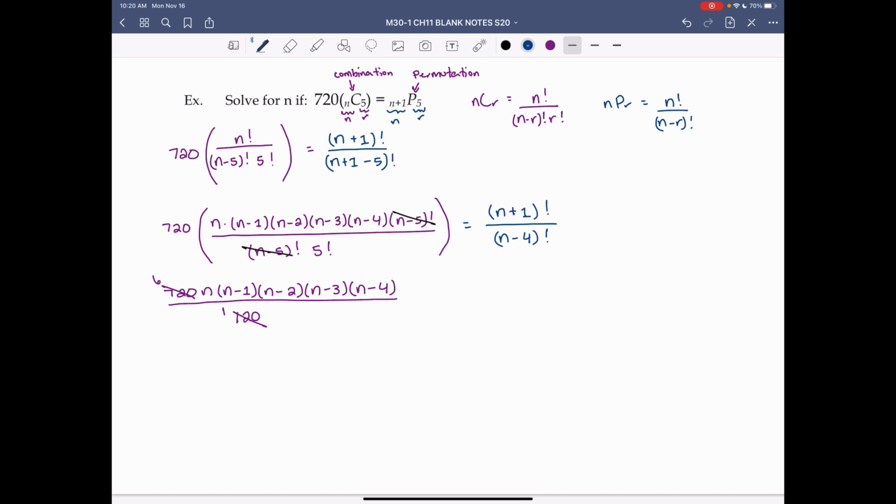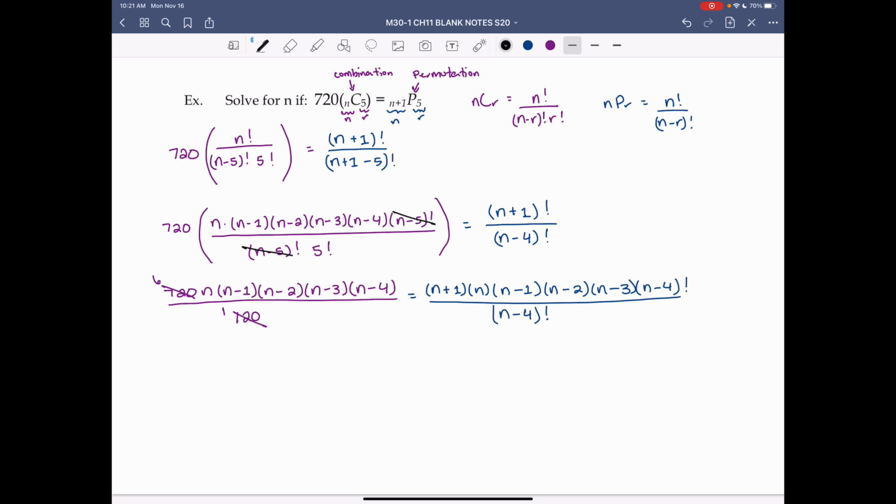On the other side, we have n plus 1 factorial over n minus 4 factorial. Let's rewrite n plus 1 factorial so that we can get an n minus 4 factorial. So we have n plus 1 times n plus 1 minus 1, which would just be n, times n minus 1 times n minus 2 times n minus 3, and then times n minus 4 factorial, divided by n minus 4 factorial.